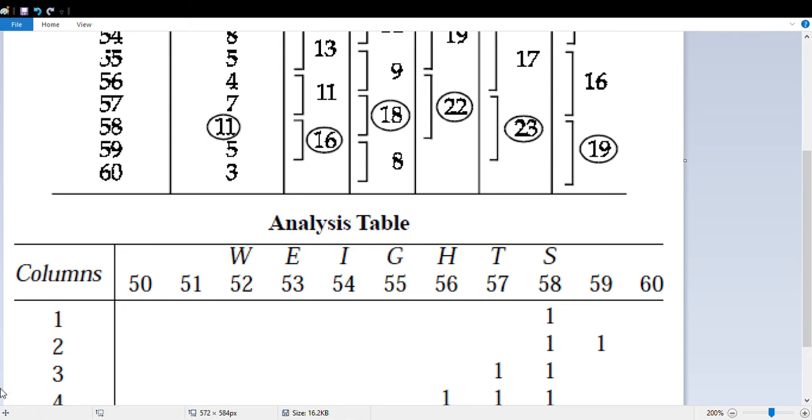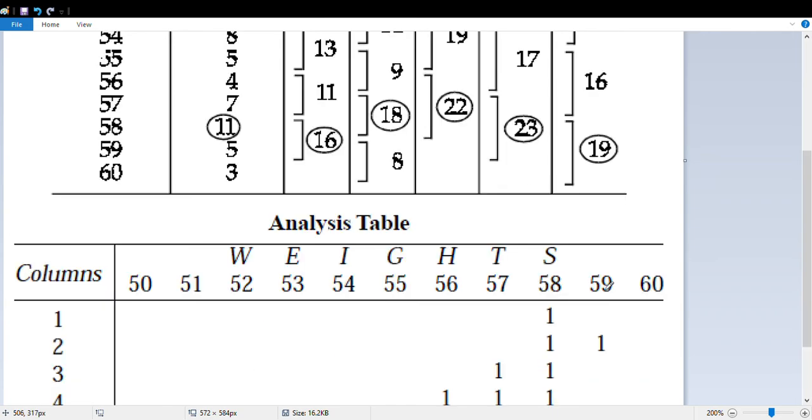In column number 2 the highest frequency is 16. How do we get 16? By adding the two values 11 and 5. Corresponding to these values 58 and 59 we put tally bars. Under 58 one bar, under 59 another bar.